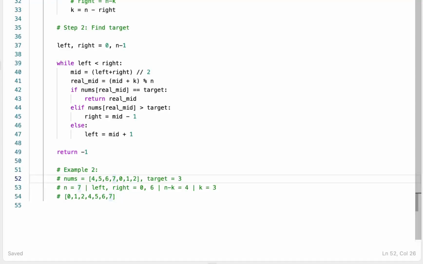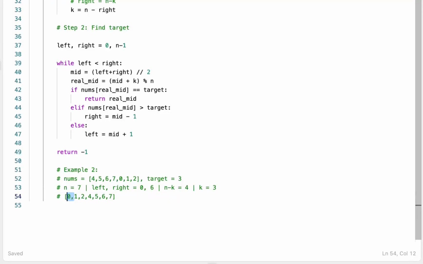So now that we have 2 to the right and 0 to the left, 2 to the right, 0, 1, 2. Sorry, 2. Sorry, here. 2 is here and 0 is here.